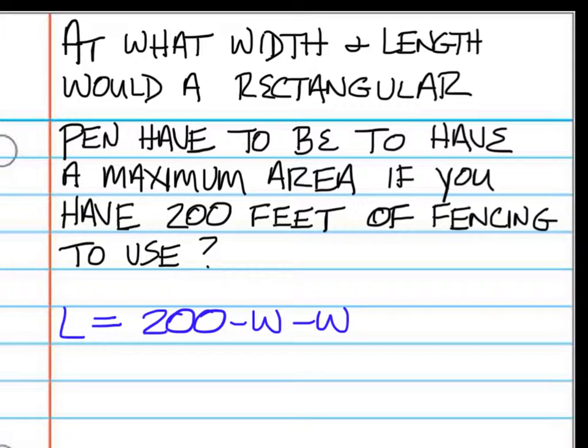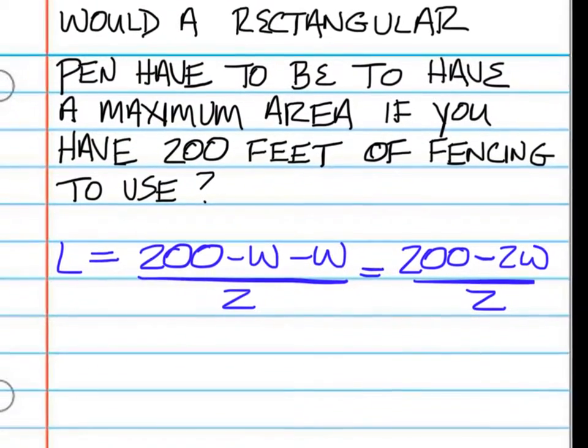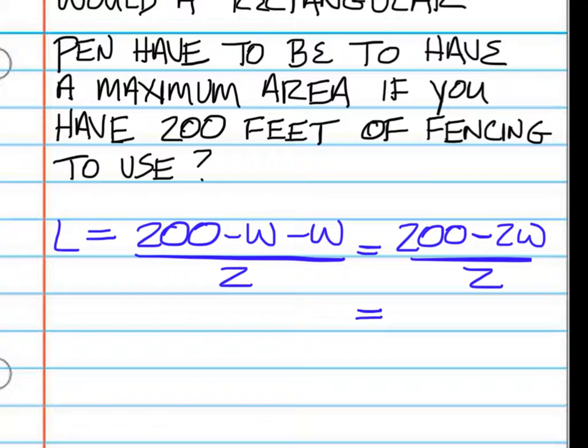And if we're left with 2 lengths of the rectangle, we can divide by 2 to come up with just one of them, which is L. We simplify to get 200 minus 2W, and put that over 2. Our expression would then be simplified, dividing everything by 2, so just 100 minus W would give us L.